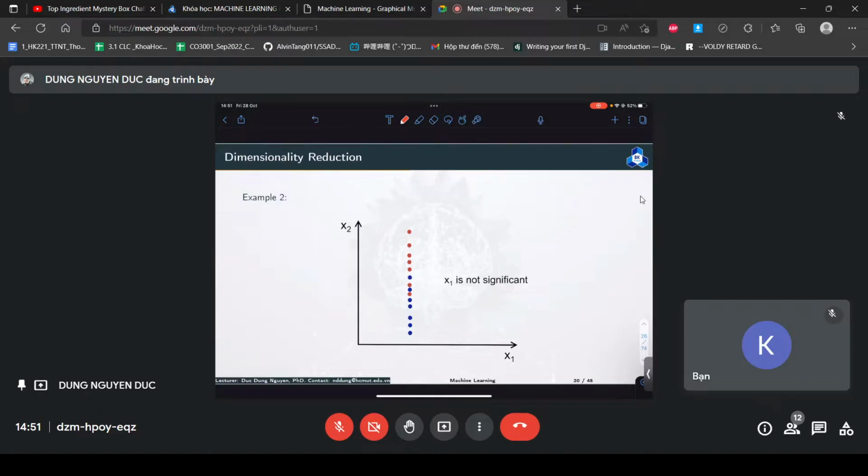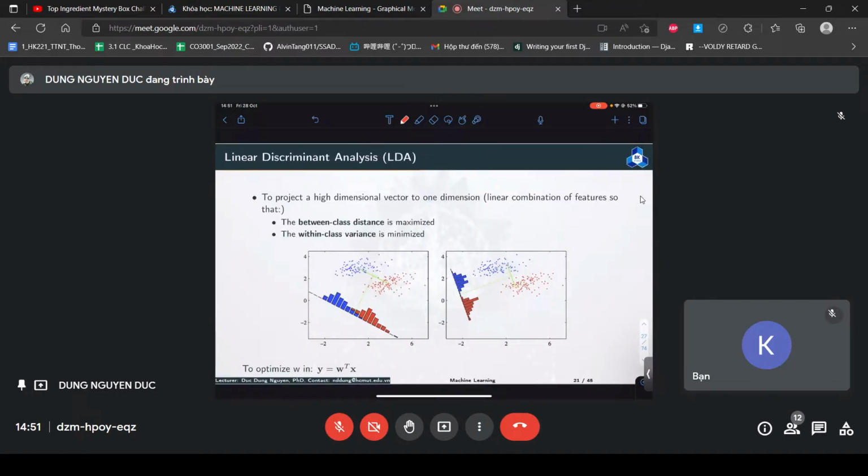In other words, the value x1 turned out to be insignificant. It's not so useful for classification. Now, in order to classify the data, you may rely solely on x2 rather than x1. Okay? And this is why we say that we don't want to work with the data with low variance here in the classification process.